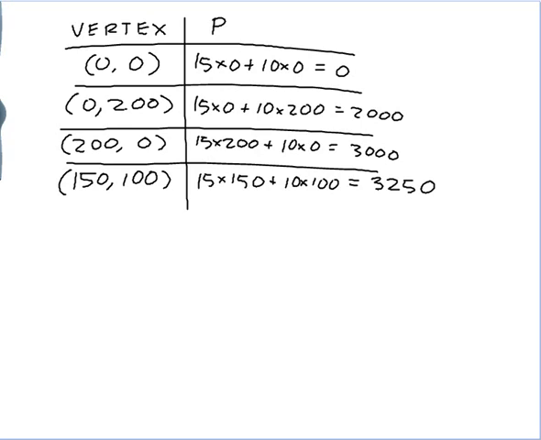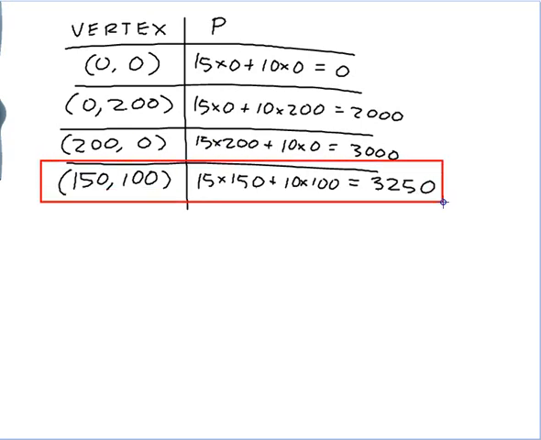So the maximum profit is 3250. And it happens when f is 150 and s is 100.